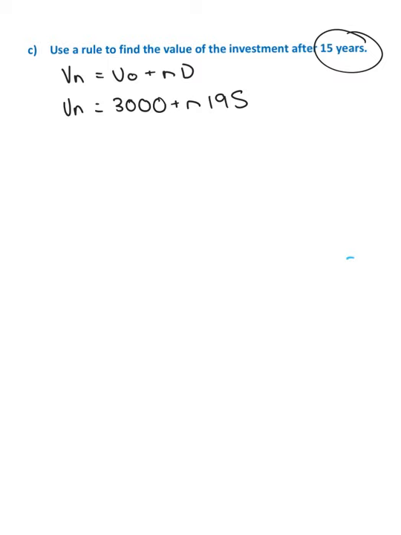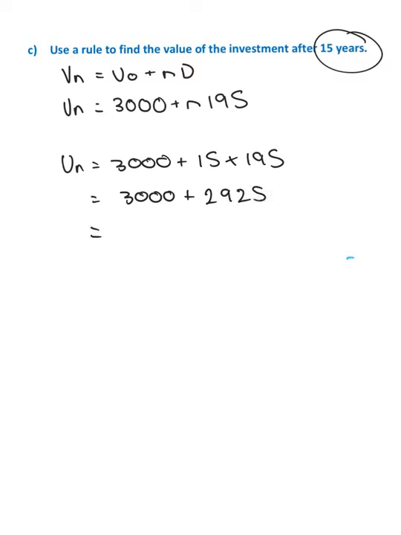Using this, we sub 15 years into our value of N. So Vn equals 3,000 plus 15 times 195. When we calculate that, we get 3,000 plus 2,925, and we're left with a value of 5,925. So the value of the investment after 15 years is $5,925.